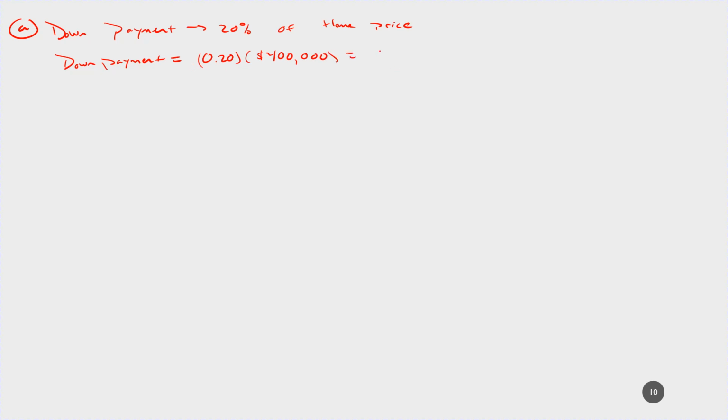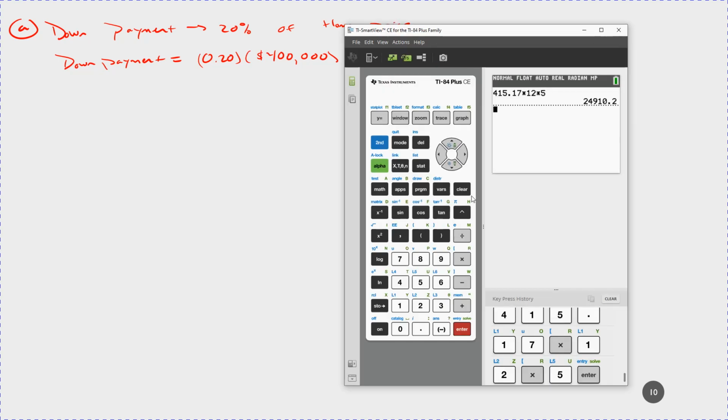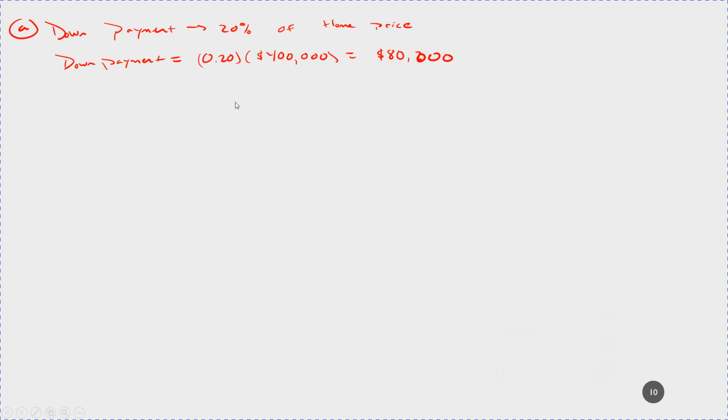So to purchase the home, you're going to have to put down $80,000. Okay, and if you need a calculator to see that, you can go 0.20 times 400,000. Yeah, you're going to have to put down 80,000. So how much is the mortgage amount? Like, how much are you going to need to borrow?